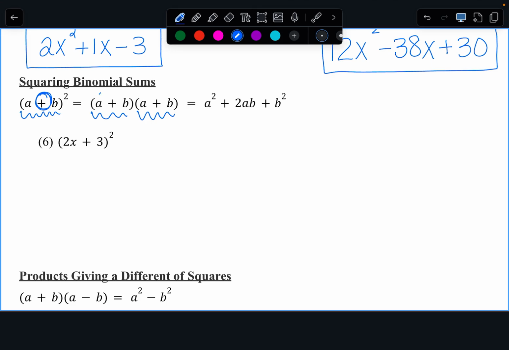And when you distribute a times a, you get a squared. A times b, you get ab. B times a, you get ba. And b times b, you get b squared.